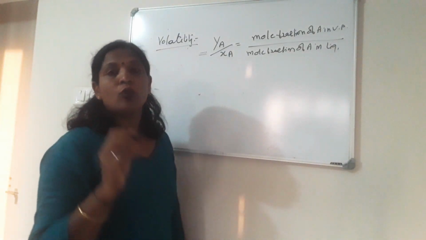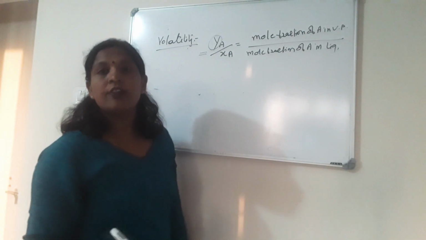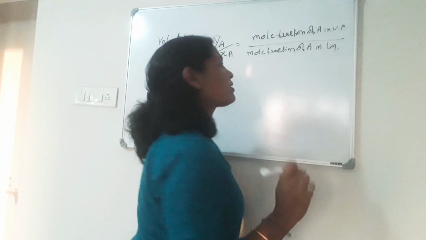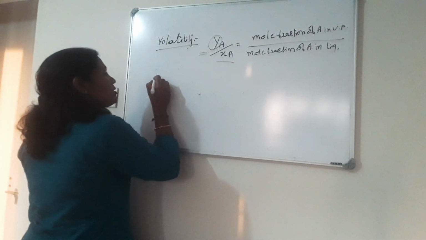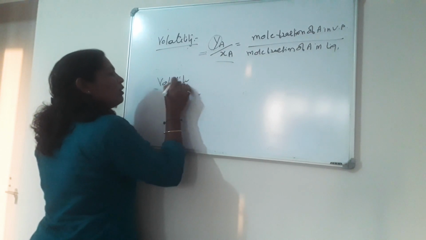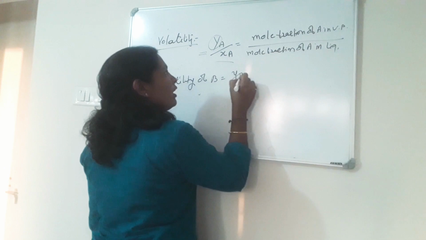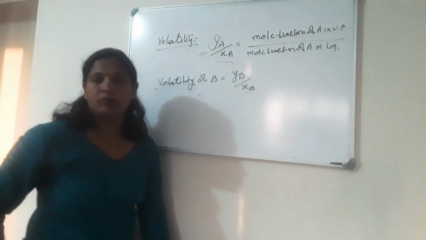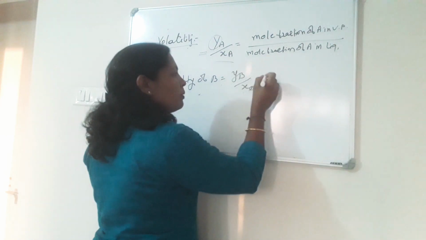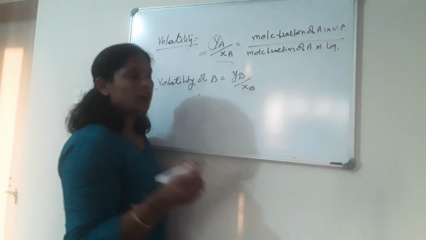Whenever we are writing mole fraction in vapor phase, we have to use Y, and whenever we are writing mole fraction in liquid phase, we have to use X. Suppose we are writing volatility of B, that is equal to YB upon XB. So here YB is mole fraction of B in vapor phase upon mole fraction of B in liquid phase.